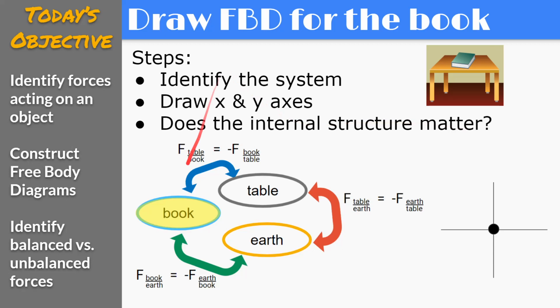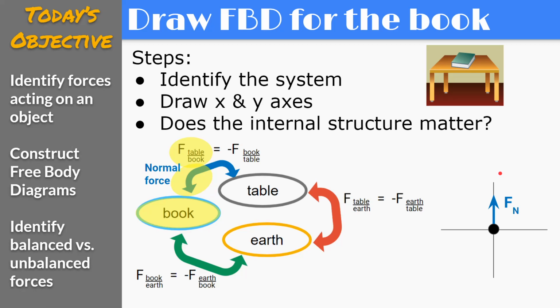For this particular example, nothing's at an angle. There are only 2 forces acting on my book. One of them is represented here by this blue arrow, one of them here by this green arrow. This one is the force of the table pushing up on the book. That's the normal force, and in my free body diagram, it is pushing up on the book. The table is supporting it perpendicular to the table's surface.